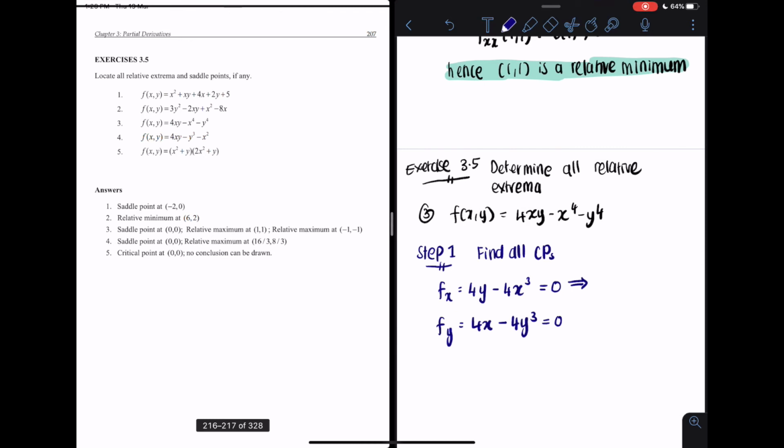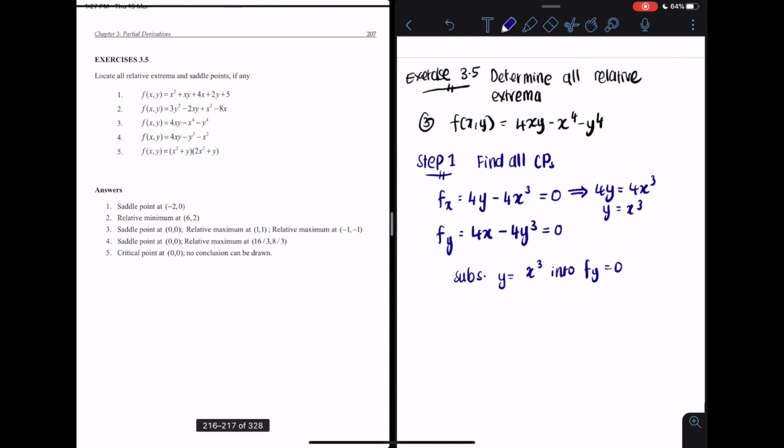Both of the first order partial derivatives equal to 0, and then from the first equation you will get 4y equal to 4x cubed, and y is equal to x cubed. Then substitute y equal to x cubed into fy equal to 0. Then I will get 4x minus 4x cubed equal to 0.